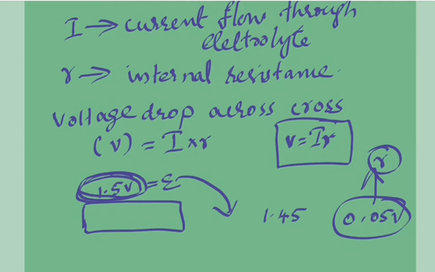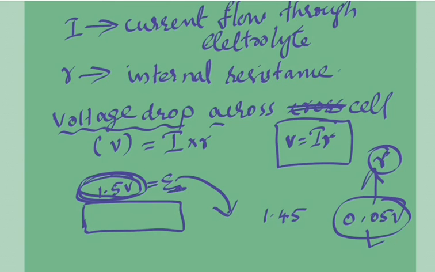So due to internal resistance, some voltage will be lost, and that is actually known as the voltage drop across the cell. So that is about the internal resistance. Internal resistance actually is there, but in most cases we don't consider it because it is very, very small compared to the EMF of the cell.